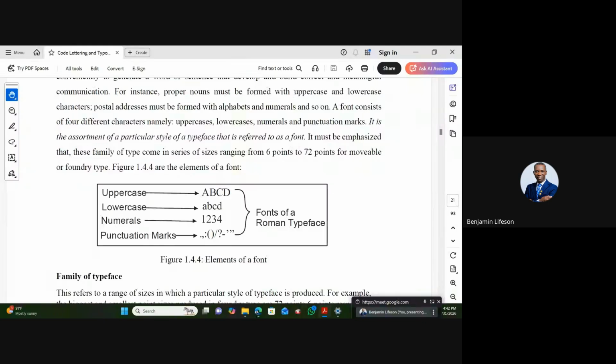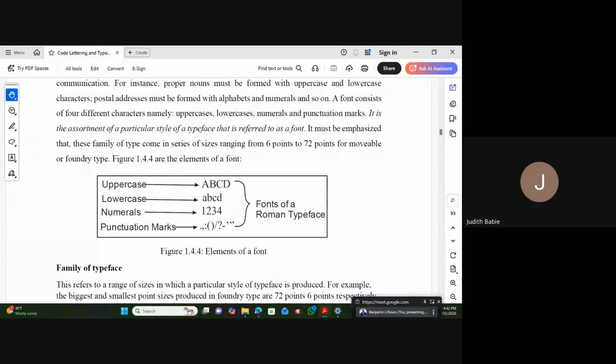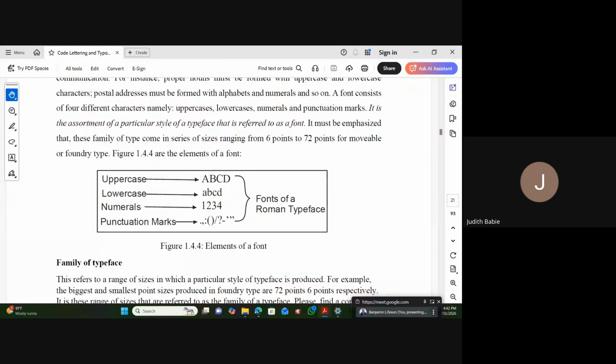It is the assortment of a particular style of a typeface that is referred to as a font. It must be emphasized that this family of type comes in a series of sizes ranging from 6 points to 72 points for movable or foundry type.